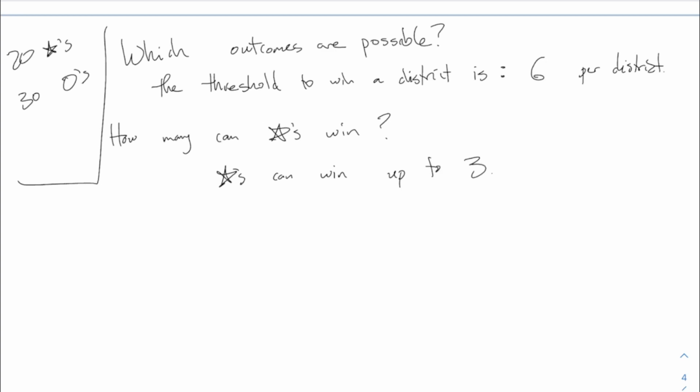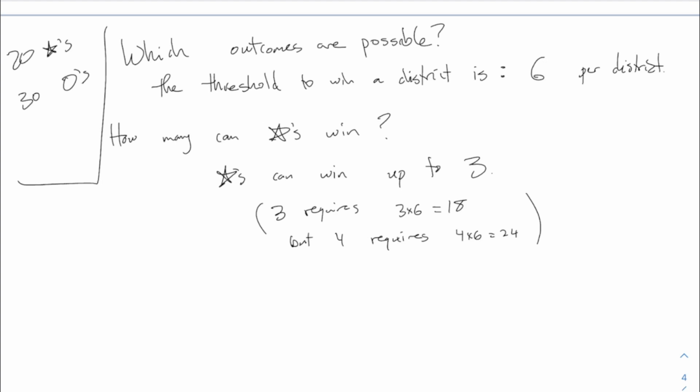This is because 3 requires 3 times 6, which would be 18, which they do have. They have 20. But 4 requires 4 times 6, which would be 24, which is too many because there aren't that many of the stars. All right, so the most the stars can win is up to 3.